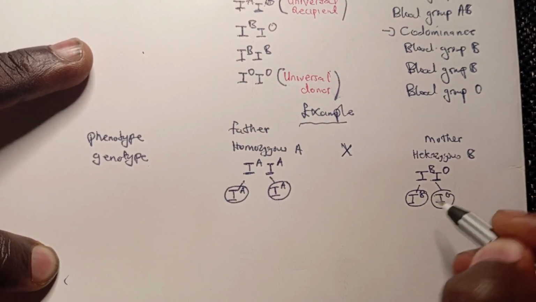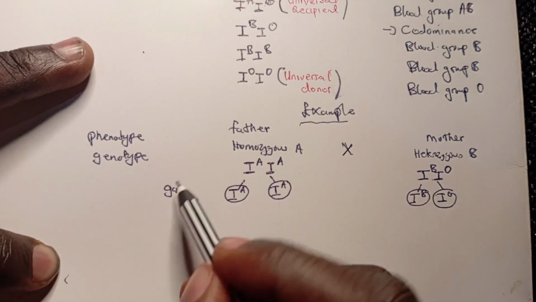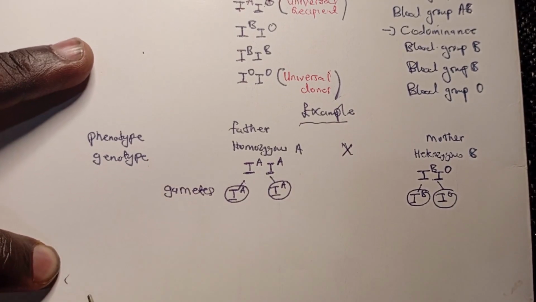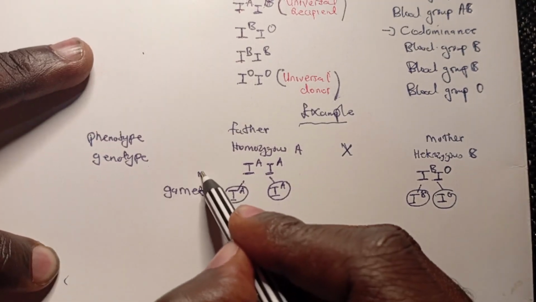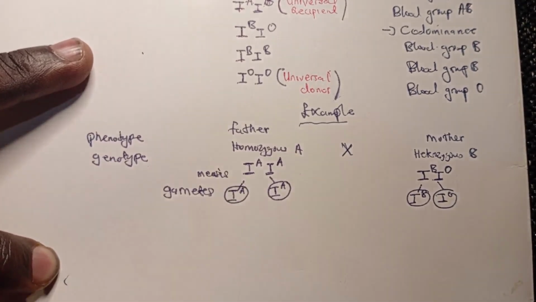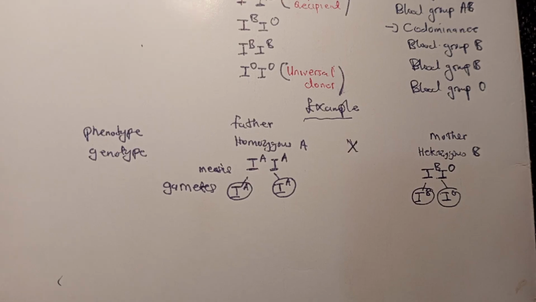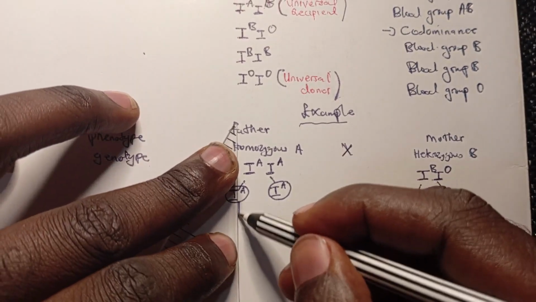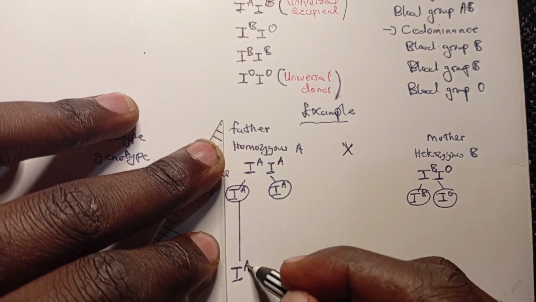They separate like that, and we call them gametes. This process is called meiosis. Then we start doing the crossing. This can cross with that here. I'm sure you know by now how to do this.